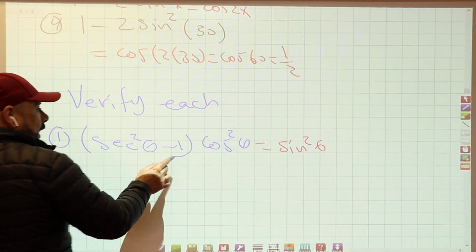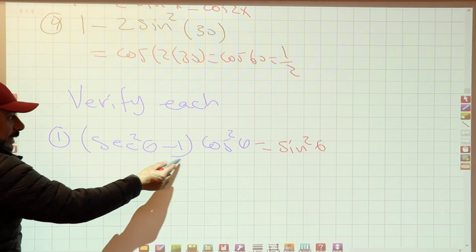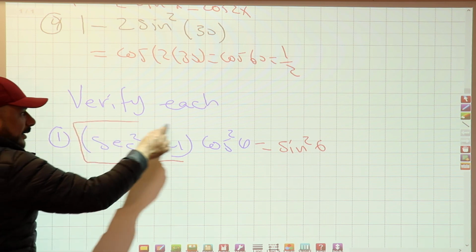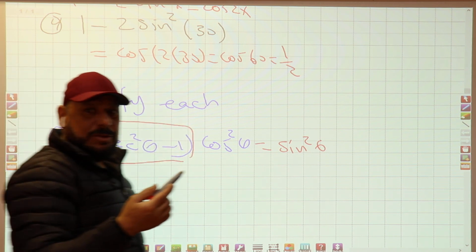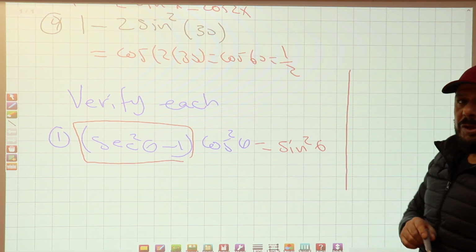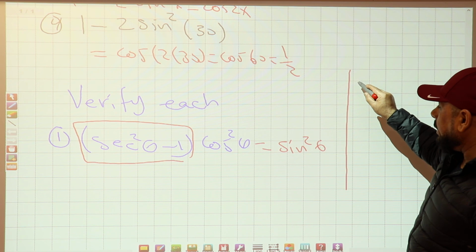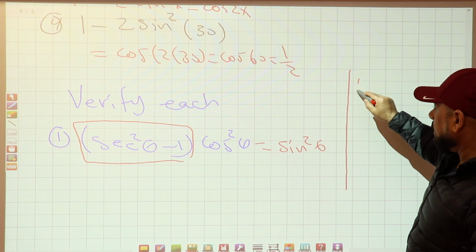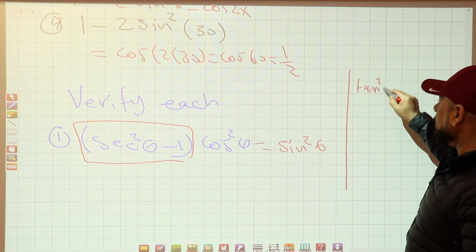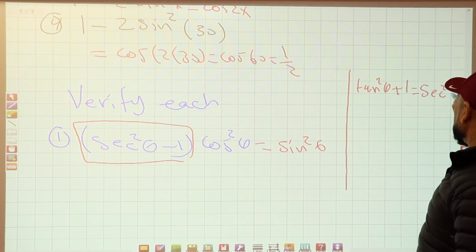Look at this side. What does this side remind you of? Secant squared theta. This is just to refresh and memorize your formulas. If you go back to the first video, tan squared theta plus 1 equals secant squared theta.